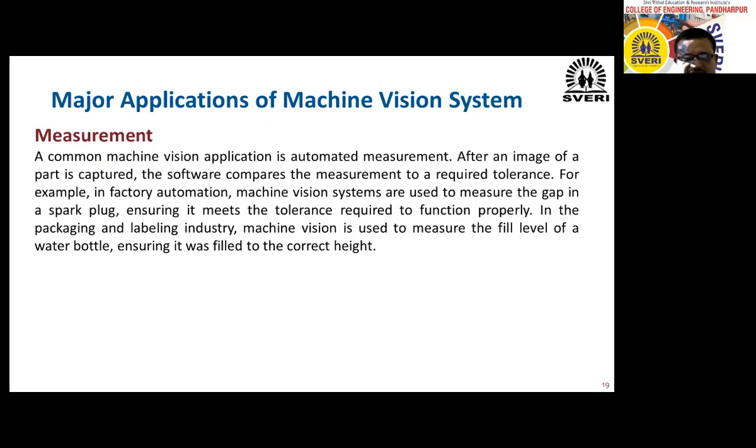For example, in factory automation, machine vision systems are used to measure the gap in a spark plug, ensuring it meets the tolerance required to function properly. In the packaging and labeling industry, machine vision is used to measure the fill level of a water bottle, ensuring it was filled to the correct height.